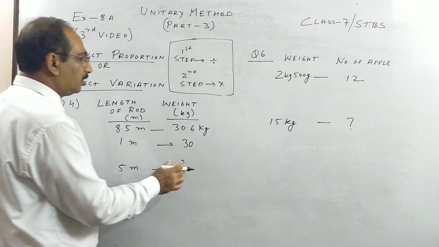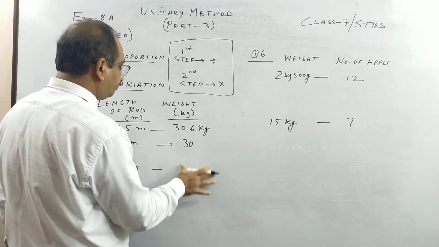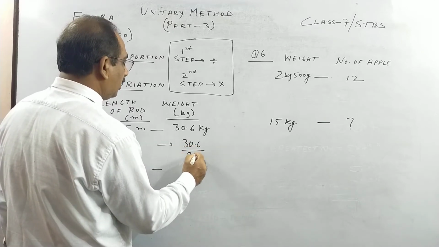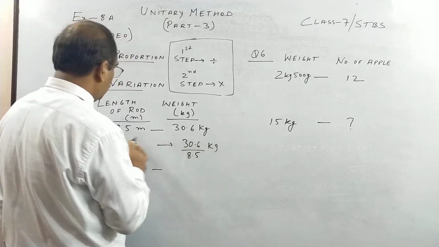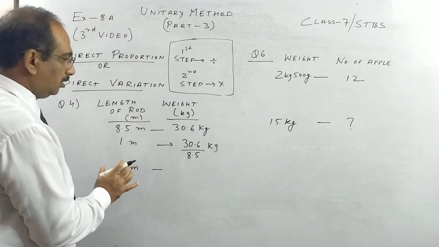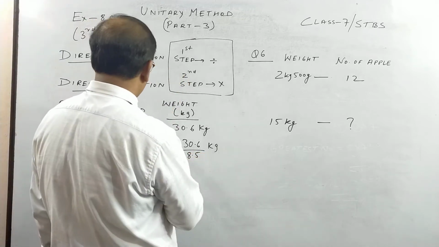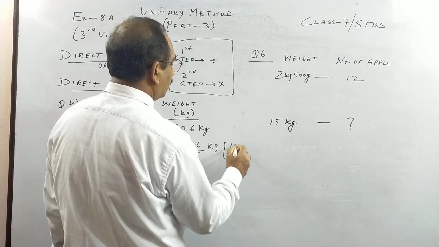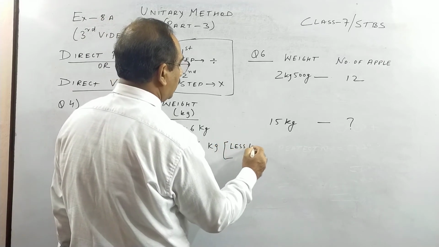So for 1 I have got, 1 will be, children, 30.6 divided by 8.5 kg. So 1 is less. You can write less length, less weight.